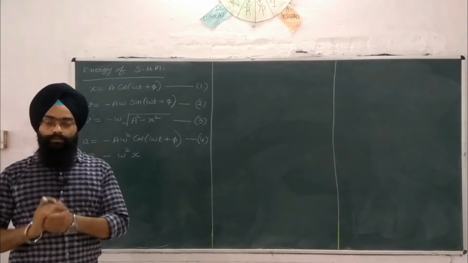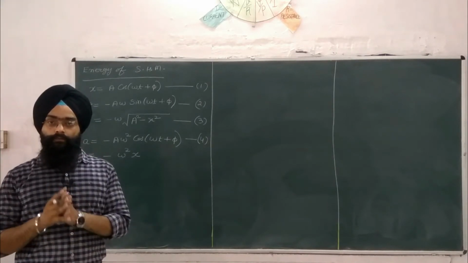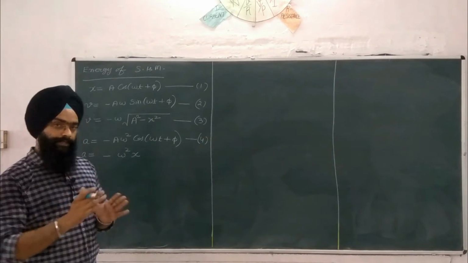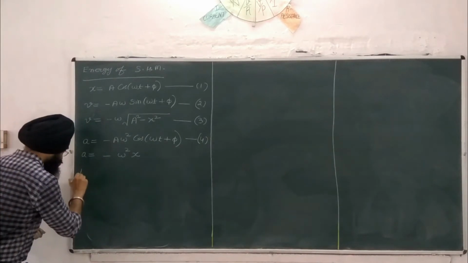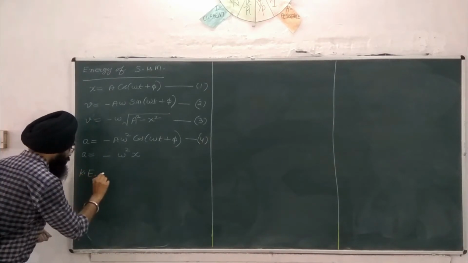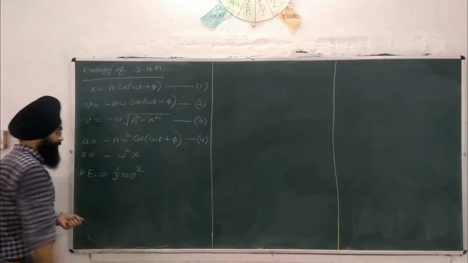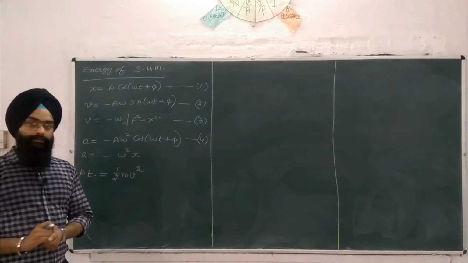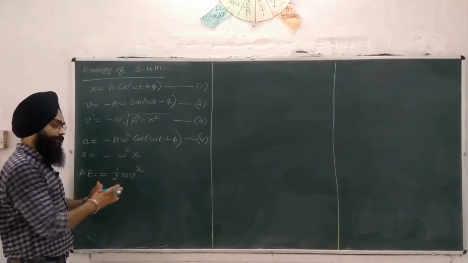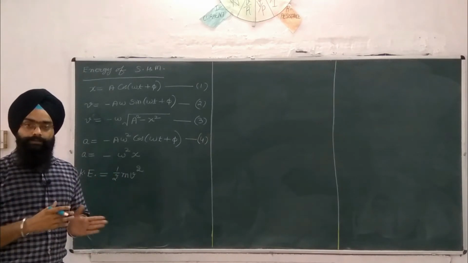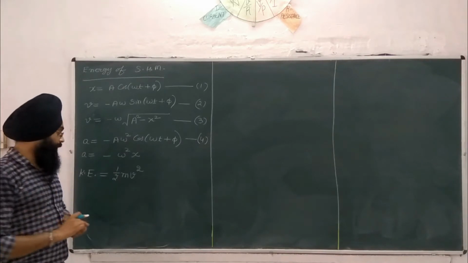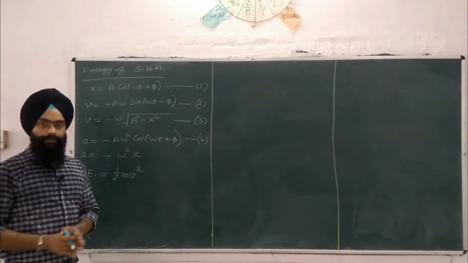So we know that the kinetic energy of any particle moving with velocity v is given by half m v square, where m is the mass of the particle executing the simple harmonic motion and v is the velocity.